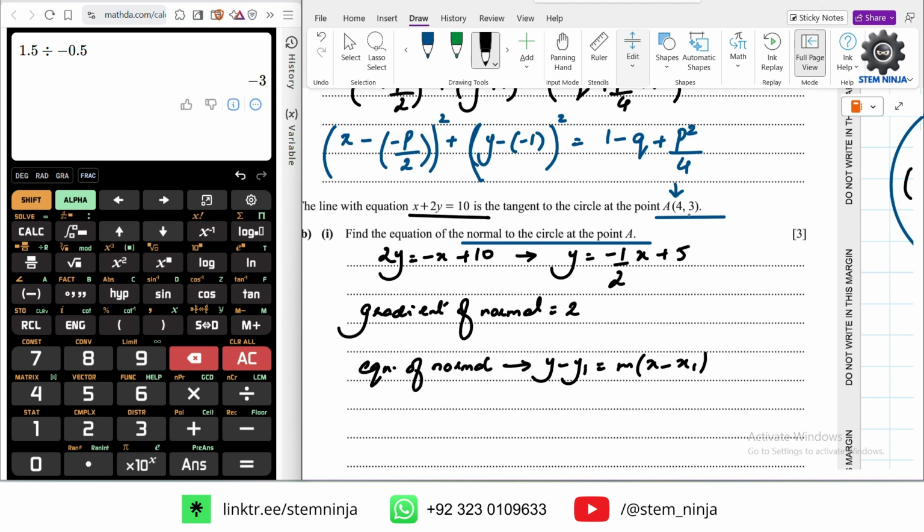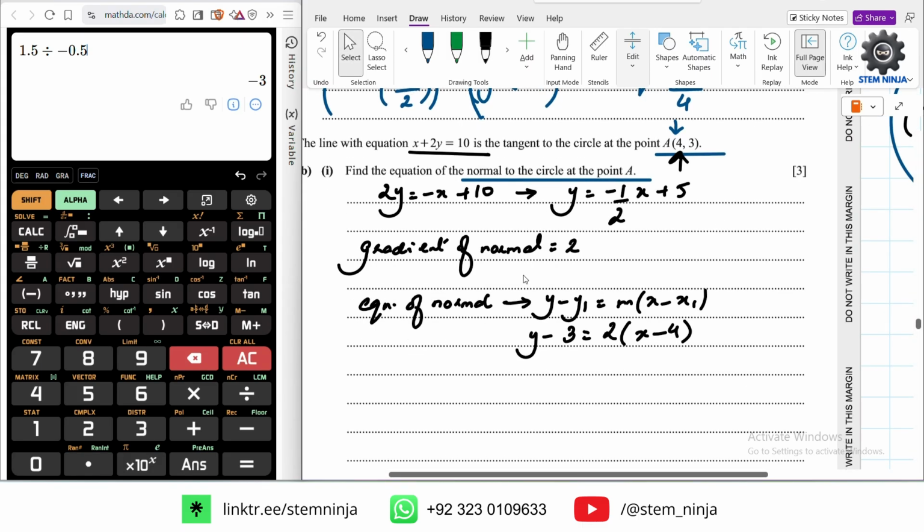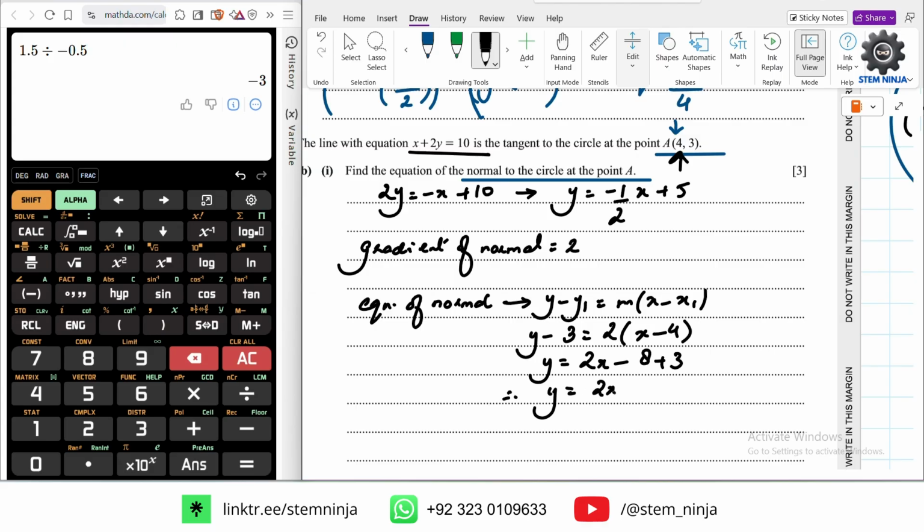So we know that the equation is passing through the center and point A. So y minus 3 equals 2 times x minus 4, which is 2x minus 8. Okay, let's make it into y equals mx plus c form. So this is y equals 2x minus 8 plus 3. So therefore it is y equals 2x minus 5.